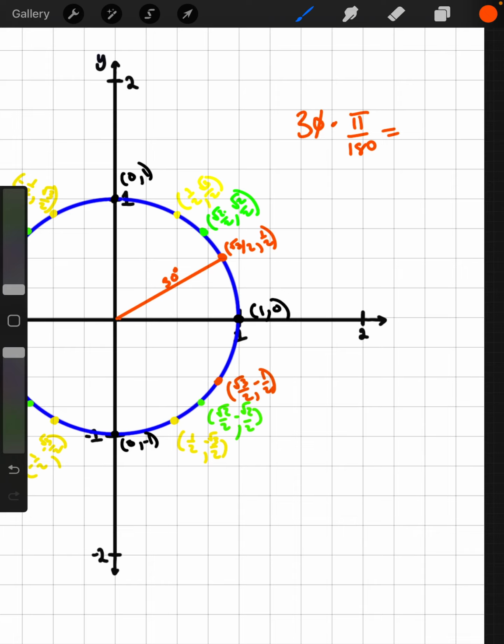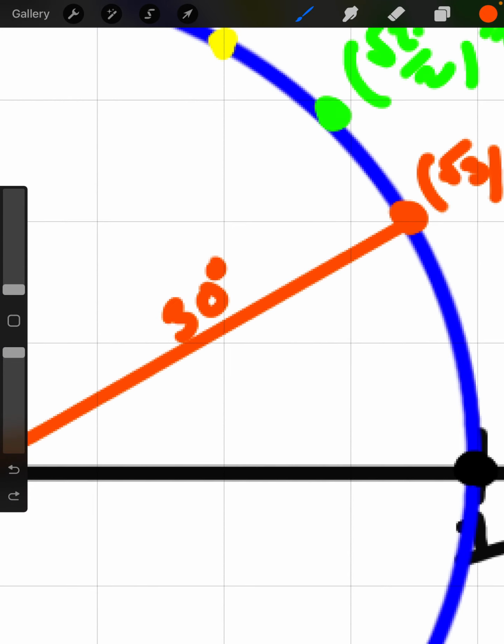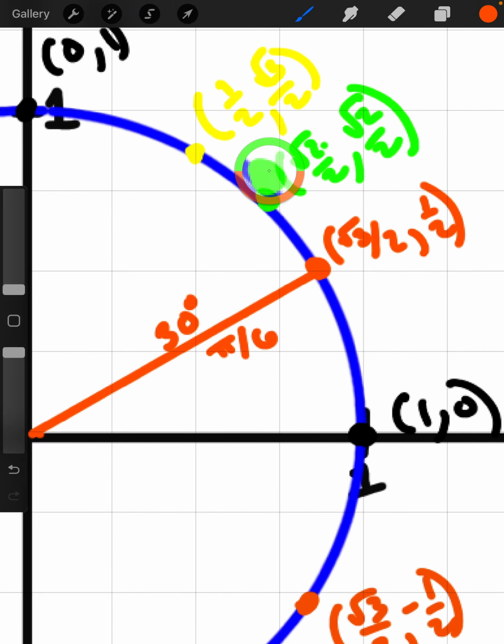So 30 times pi over 180. So 3 over 18 is 1 over 6. So we end up with 1 pi over 6. So we say that 30 degrees is pi over 6 radians. So I also am going to label this angle as pi over 6.